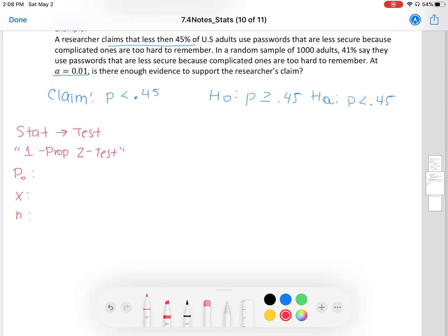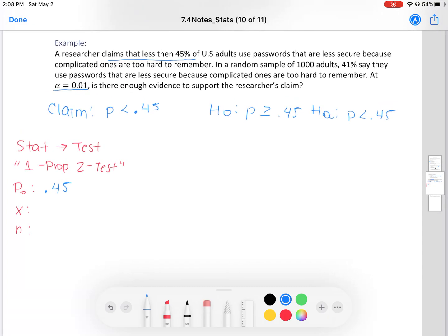In this case, our claim tells us that we have 0.45, but we have to do some work for X and N. We want to create a sample, and we're told that with 1,000 samples, we have 41% that go along our claim.